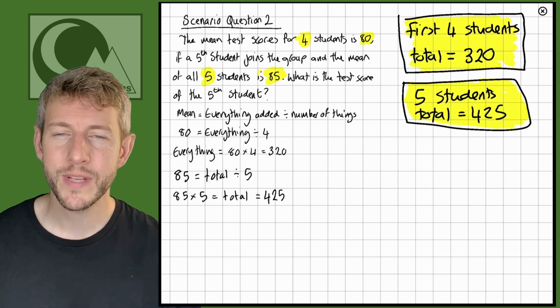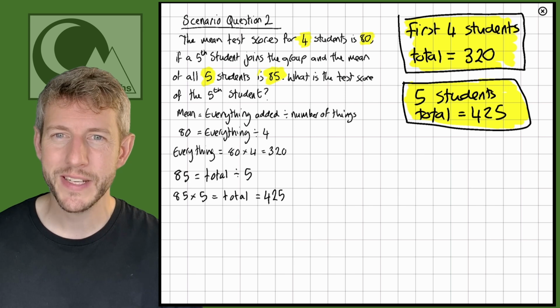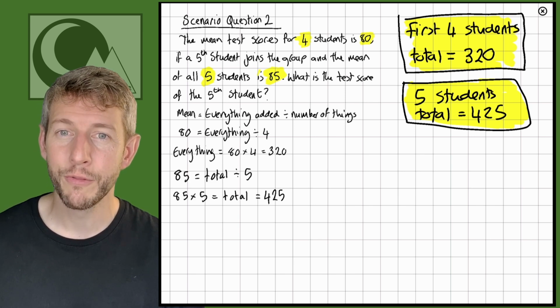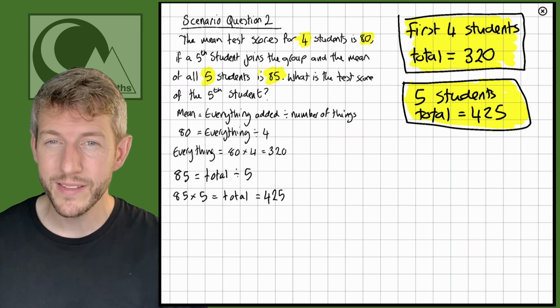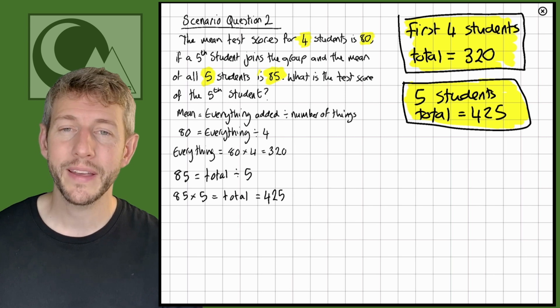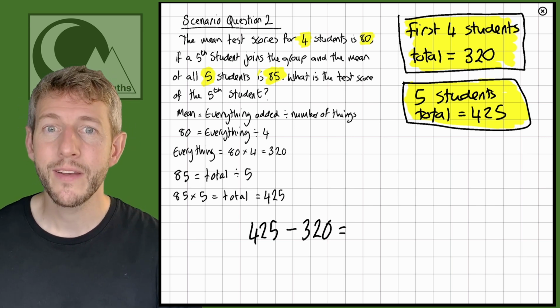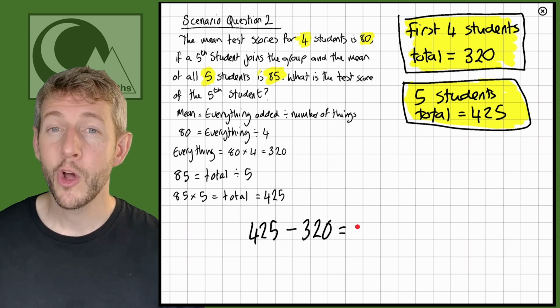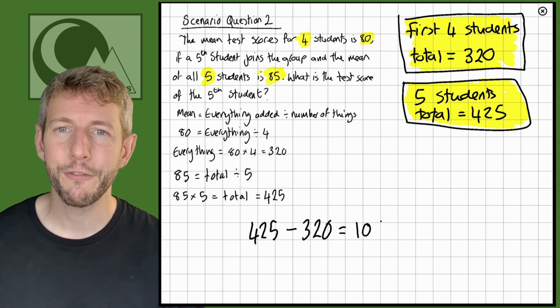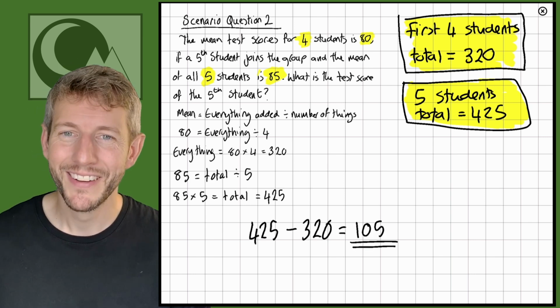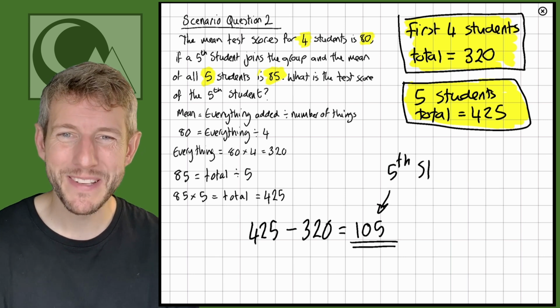So we've got the total test scores for 5 students is 425. The total test score for 4 students is 320. Therefore, we can work out that 425 take away 320 means that the 5th student got a score of 105 on the test. Very good. I'm assuming it wasn't a percentage.